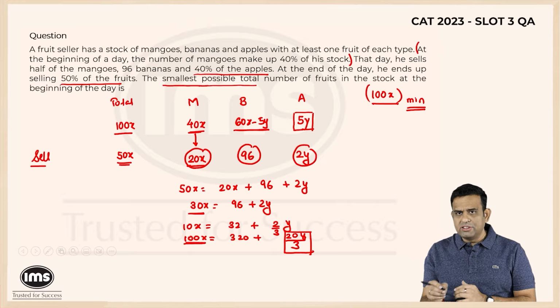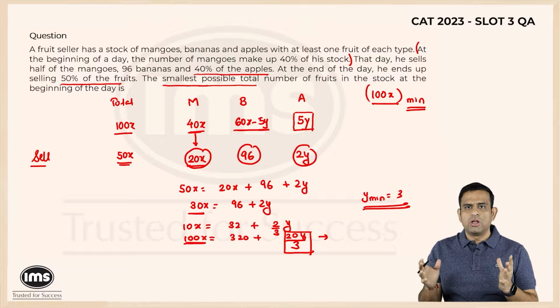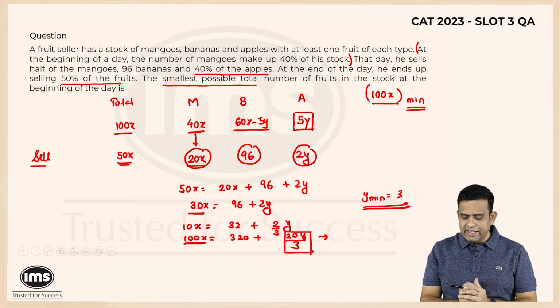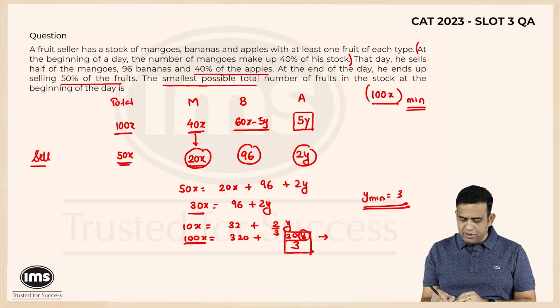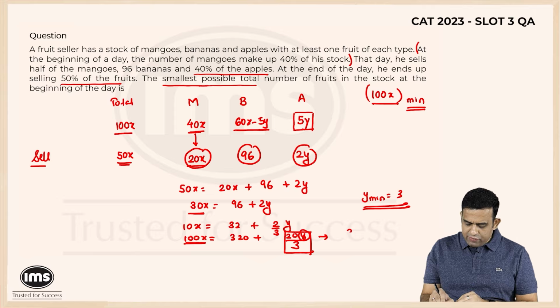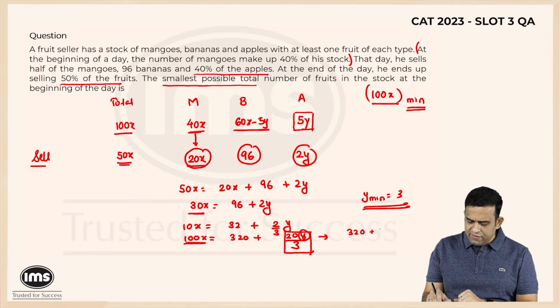Now 320 plus something. And if I want this particular part to be smallest, the smallest possible value of y I should take is nothing but 3, because the total number of fruits needs to be a proper integer. So the smallest value of y which we can put in this particular case must be equal to 3, and that will give you 320 plus 20 into 3 divided by 3, which will give you another 20, giving you 340.